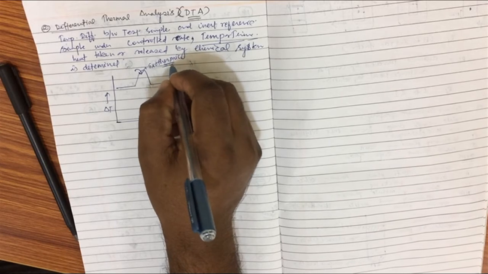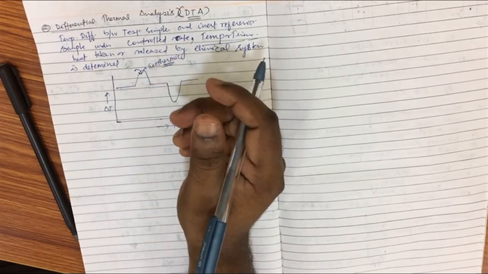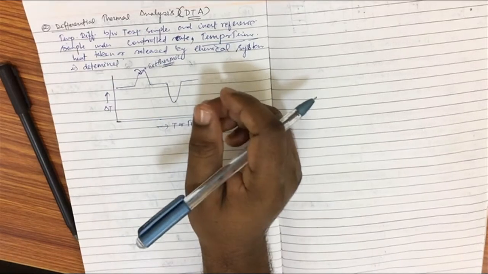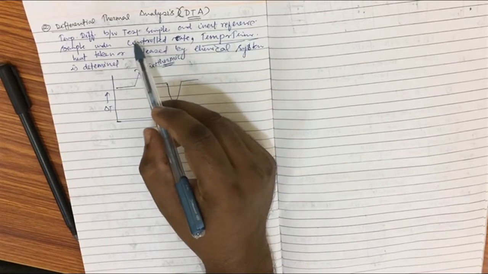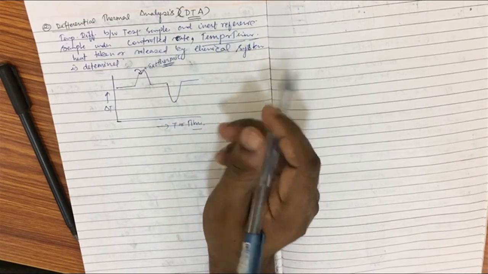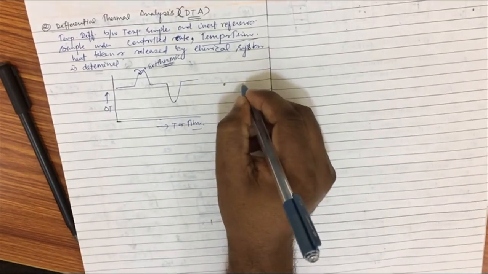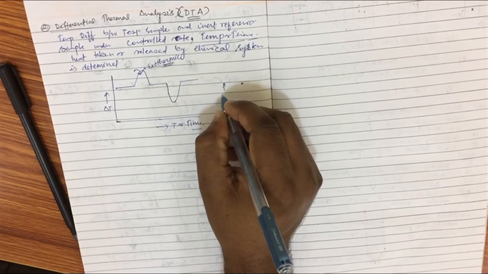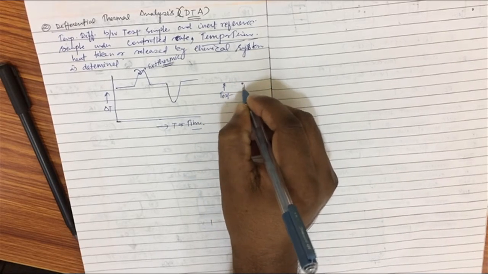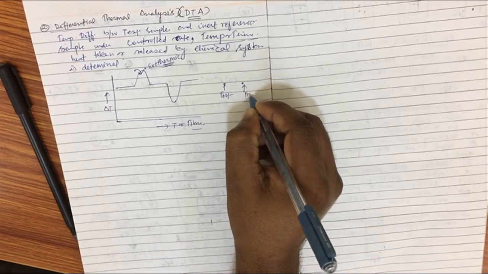Because here you took two samples, one is a test sample and one is an inert reference sample. If you have two samples, one this and second like this, this is the first test sample and this is the inert reference sample.